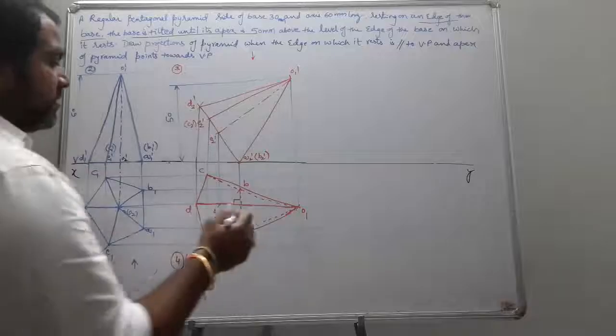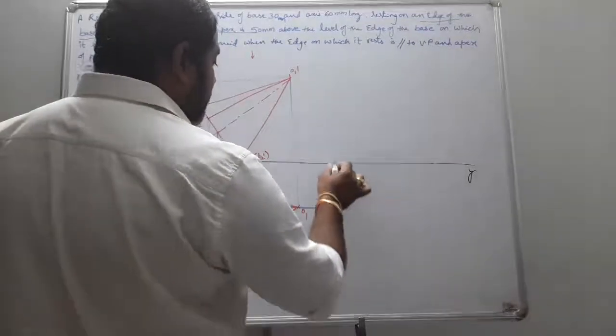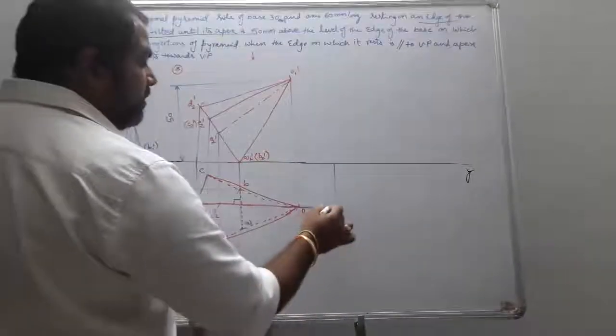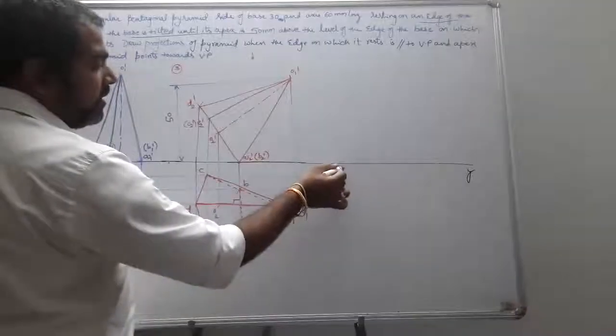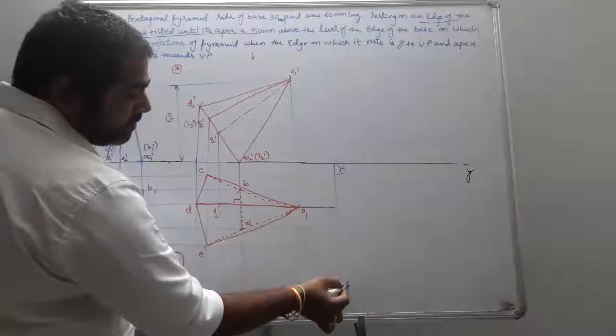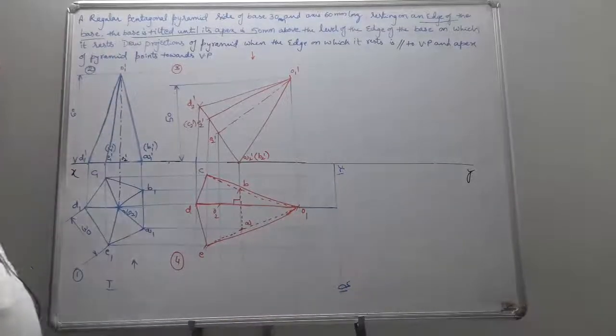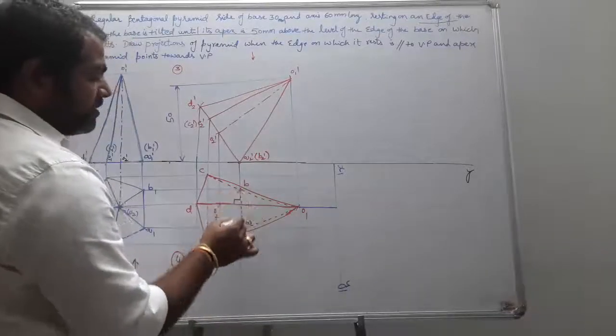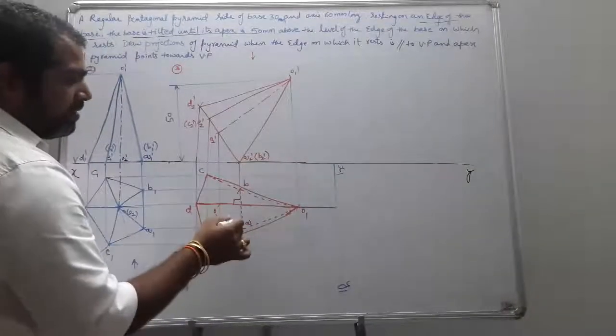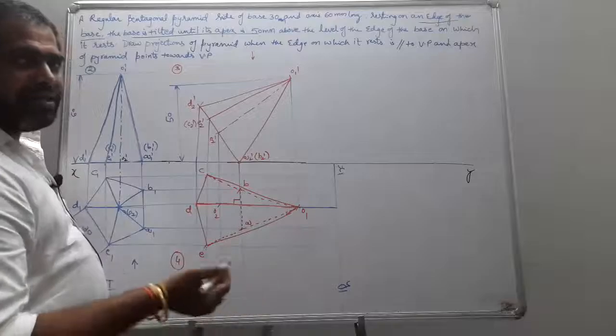Now, again, I do the same thing. Extend this diagonal to some extent, and I draw the perpendicular projector. Then it becomes my new reference line, X1, Y1. If you see from this, this BA becomes parallel to X1, Y1. That is my requirement.